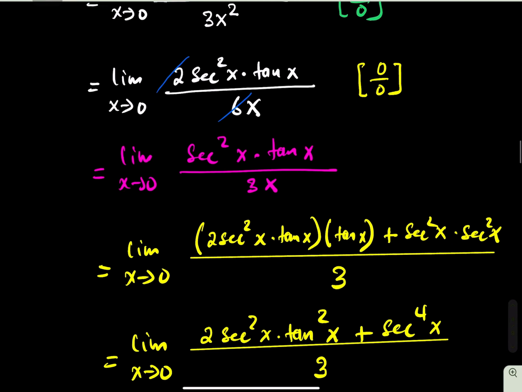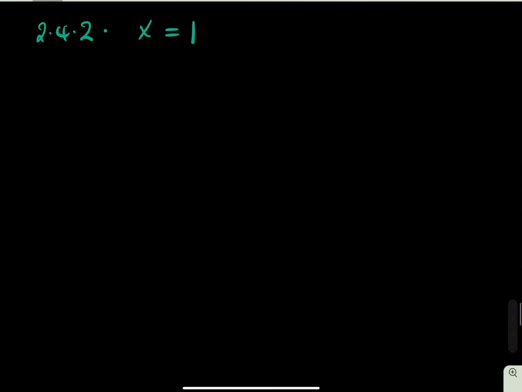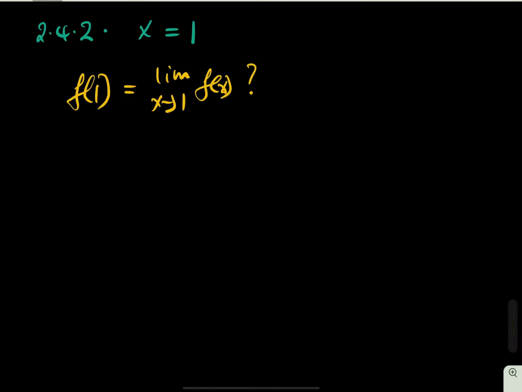So we get +1 there. So the same stuff that we've been doing, we are going to be doing it even here. So here we are going to test the f at 1 if it is defined, and it must equal the limit as x goes to 1 of f at x. So let's check if this is true.